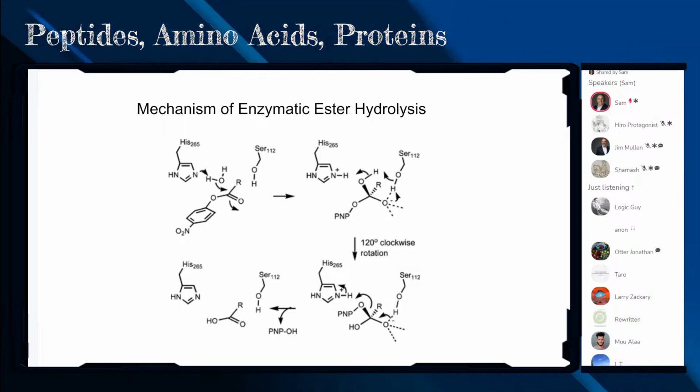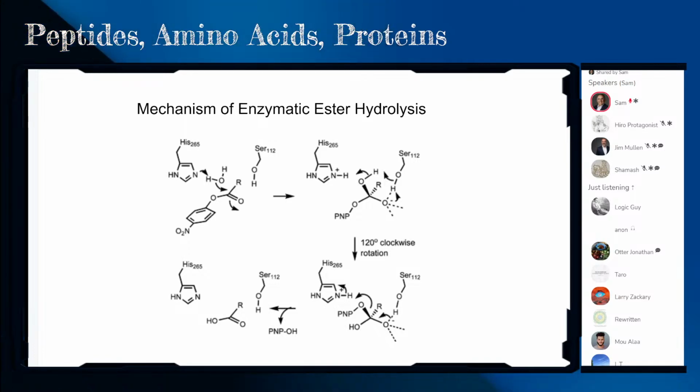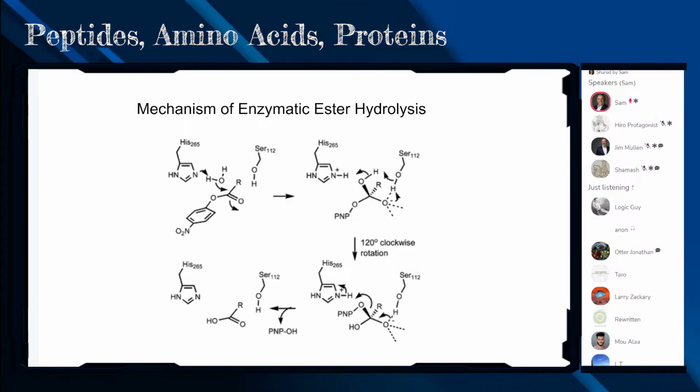So you don't have to wait for a whole bunch of attacks until finally one comes in at the right orientation, which is what normally happens in a chemical reaction, right? If we were to do a statistical mechanical analysis to see how many fruitful collisions we're going to have here, it's going to be 100%.